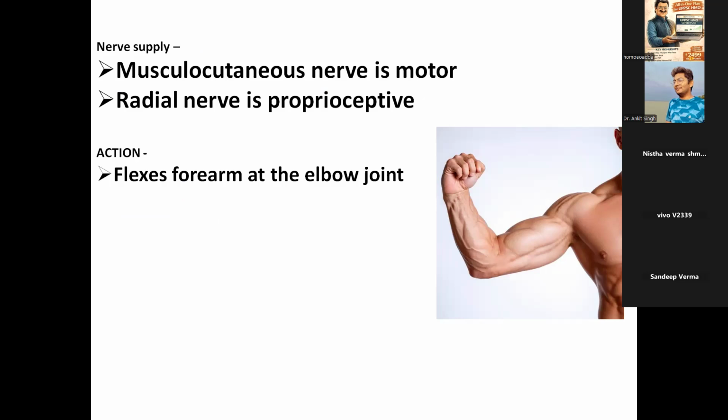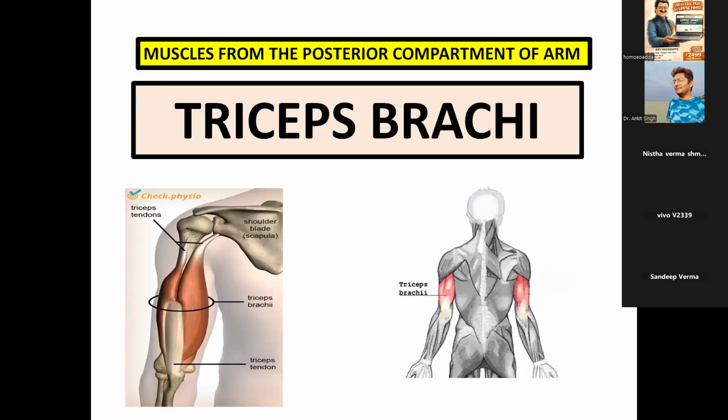All have their action in the flexion, right? Out of this, now the coracobrachialis as well as the biceps brachii were having the nerve supply from the musculocutaneous nerve, while the brachialis is having nerve supply from both musculocutaneous nerve as well as the radial nerve.